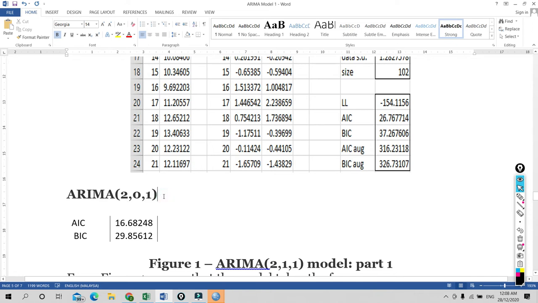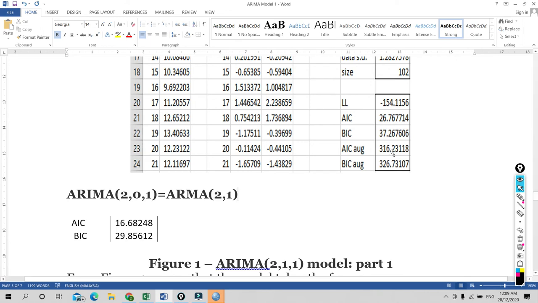This is also equivalent to ARIMA 21. Okay, ARIMA 201 is ARMA 21. So for this one, your AIC is 16.68 and BIC is 29.85.